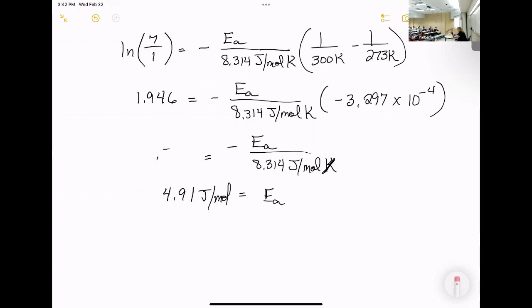That's why I always check my math, because it's hard to type and talk and write. So it's easier for me if I do it and then go back and check it. I know I'm horrible at these things. Let's go with 49,100 joules, or in other words, E sub A could be equal to 49.1 kilojoules.